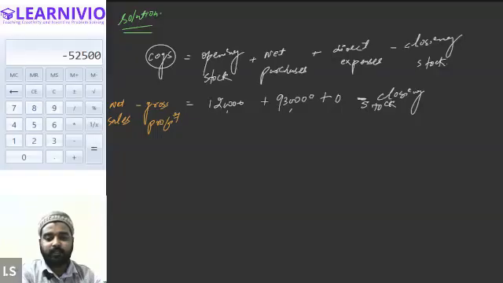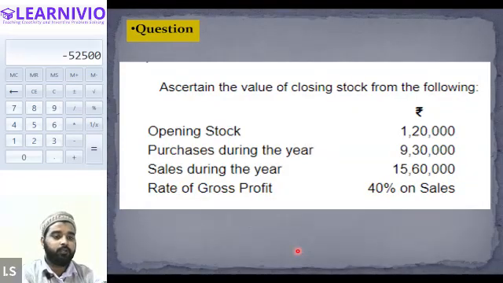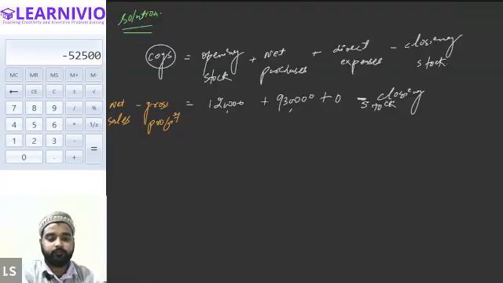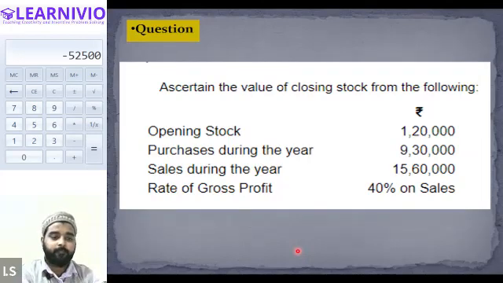Net sales are already given in the question. Net sales is sales 15,60,000, so we will write down 15,60,000. And I think gross profit is also given in the question, Alexander. Yes. How much is it? It is 40% of the sales. So the value of sales is 15,60,000 and gross profit is 40% on sales.